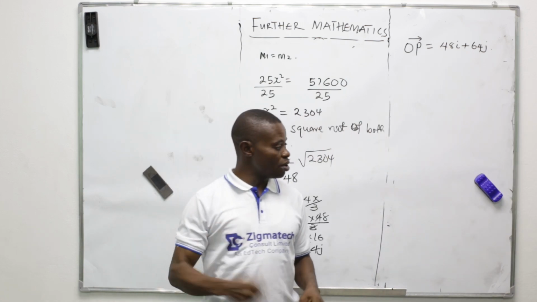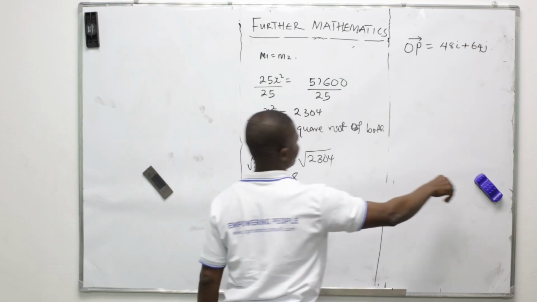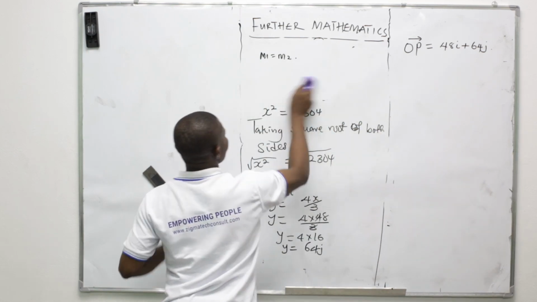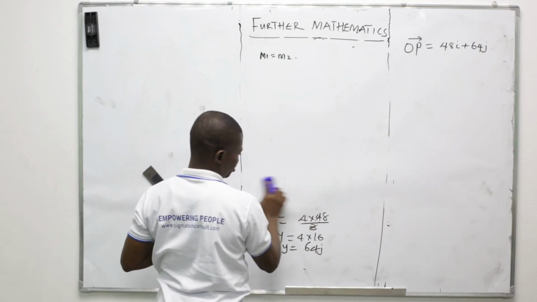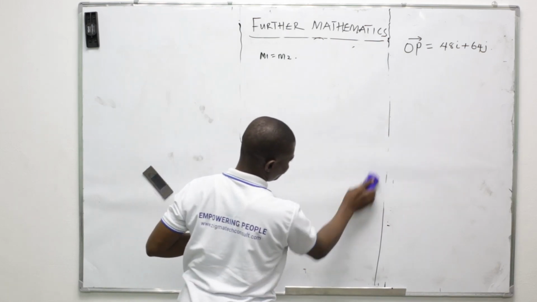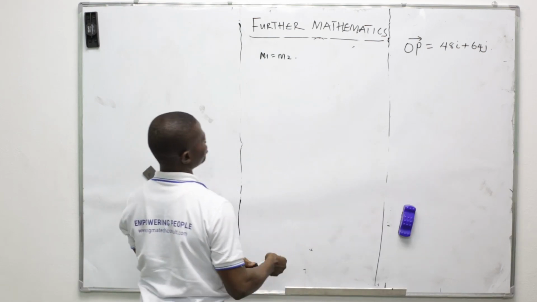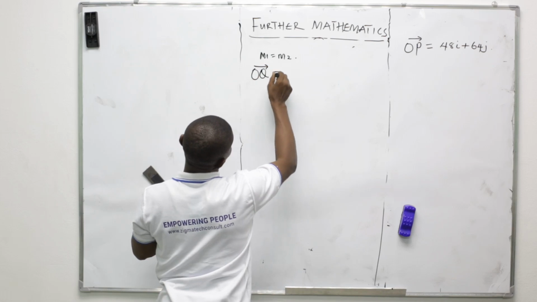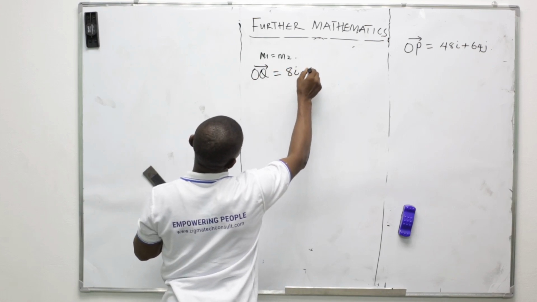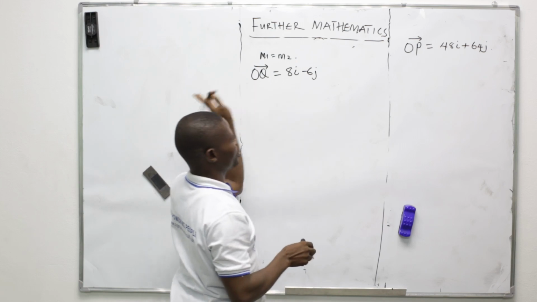We are done with OP. Now let us go on with OQ. Still leaving m1 equals m2 for gradient. We now recall that OQ, 8i minus 6j was assigned to it.